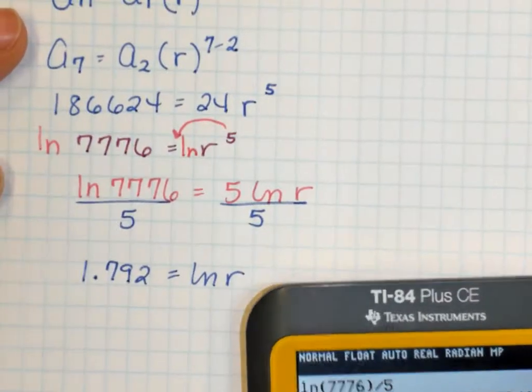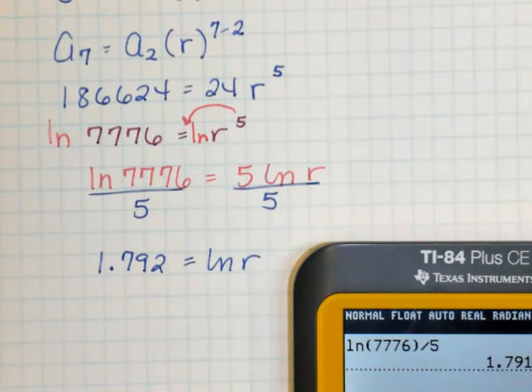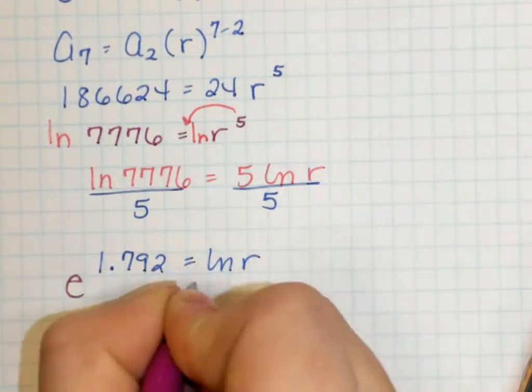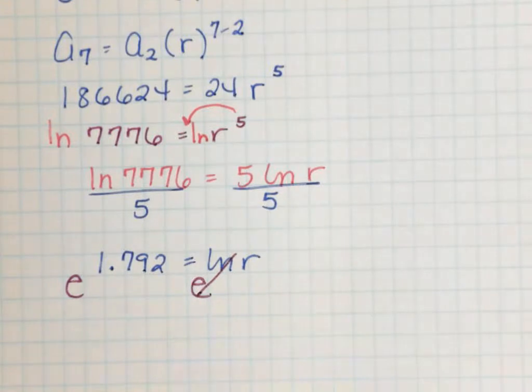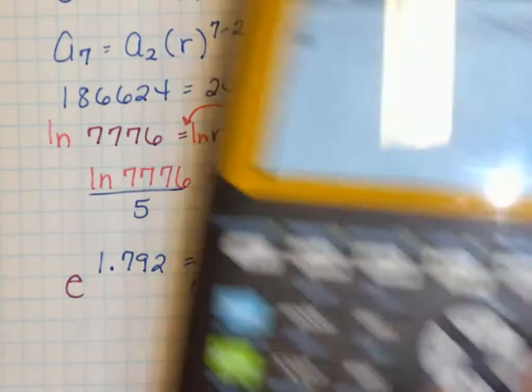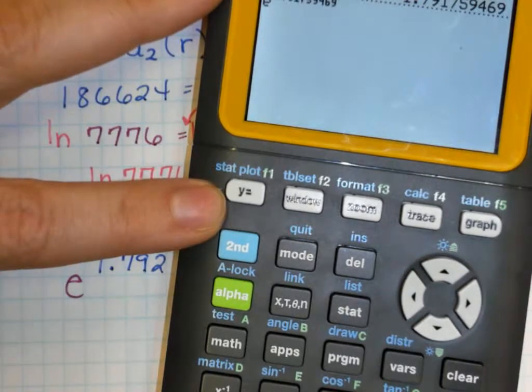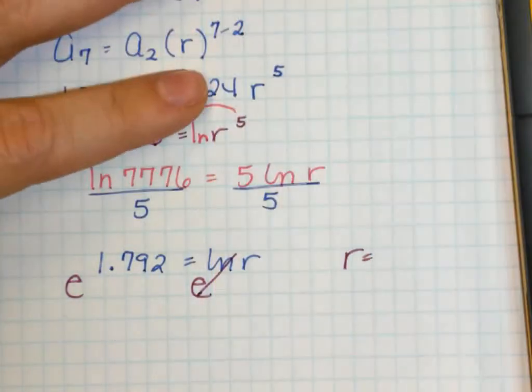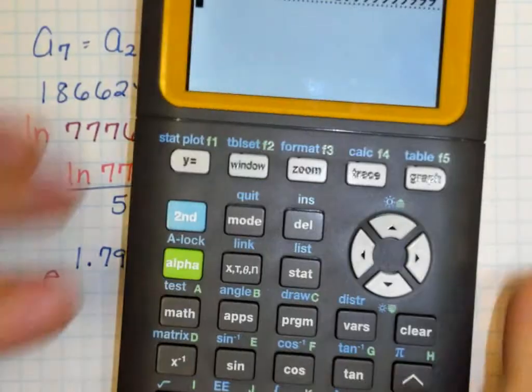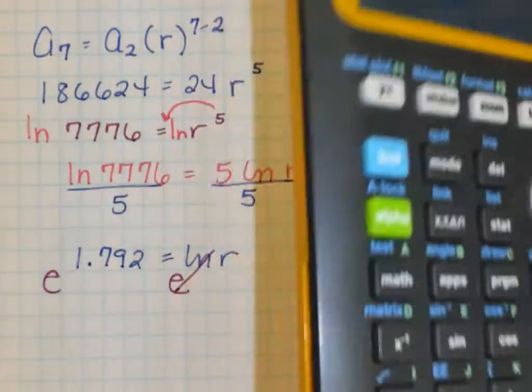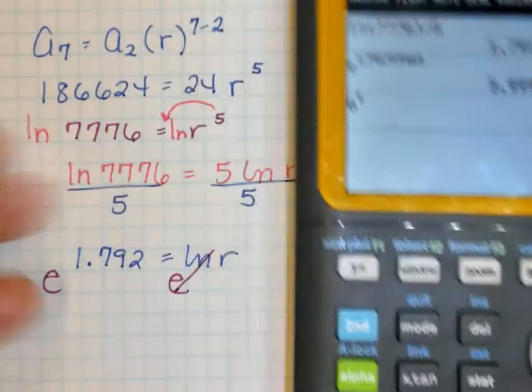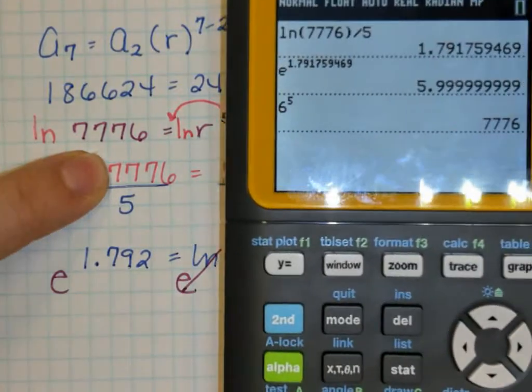And how do I finish that type of an equation? E! So I'm going to do an E on both sides. That'll cancel that out. So R is E to that power, basically 6. And we can check to see, is 6 to the 5th power that number? And it is.